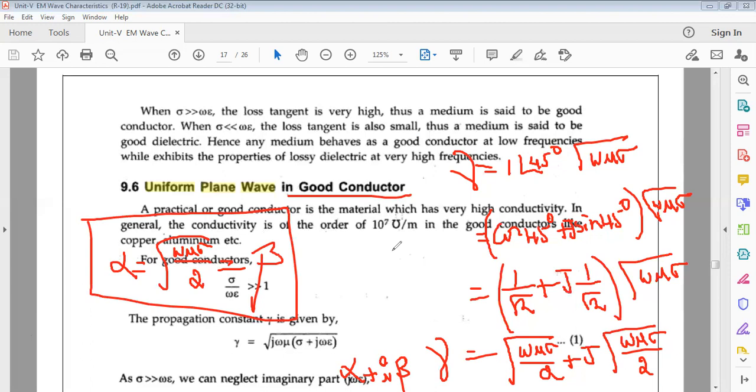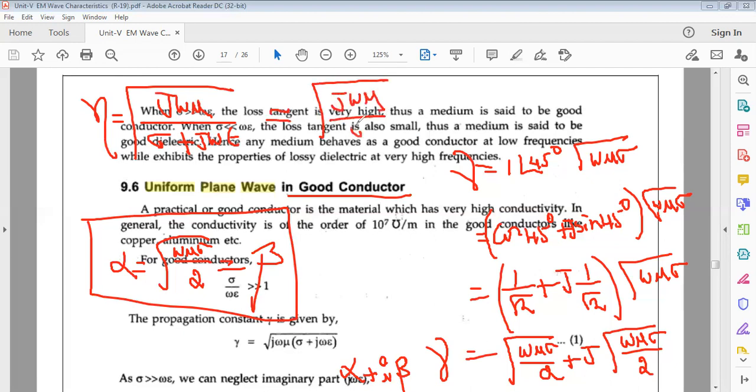And sigma is very high. Similarly, the intrinsic impedance eta is equal to, what is eta equal to? Under root of j omega mu by sigma plus j omega epsilon. What we are saying is the conductivity is very much greater than the dielectric term, so we are neglecting the j omega epsilon here. It is approximately equal to under root of j omega mu by sigma. Again, you can write this as under root of j times under root of omega mu by sigma.